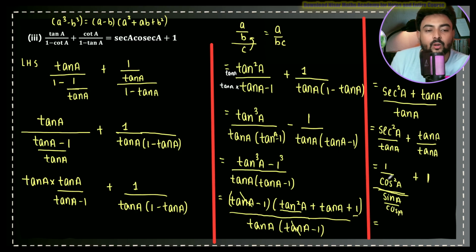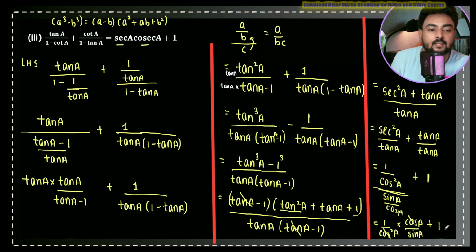So this 1 cos and 1 cos will get cancelled. If I write here 1 by cos square a into cos a by sin a plus 1. So here cos will get cancelled, and what is remaining now? It is remaining here 1 by cos upon 1 by sin. So 1 by cos is going to become sec, and 1 by sin is going to become cosec.